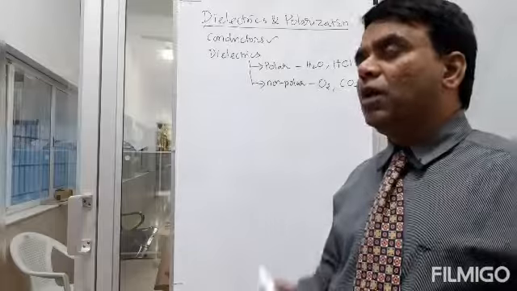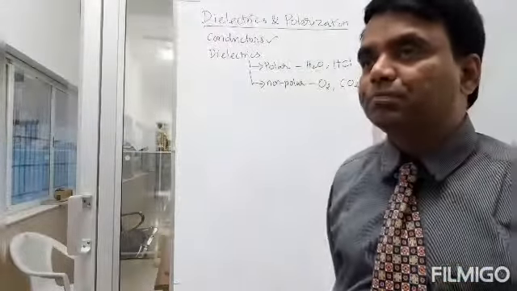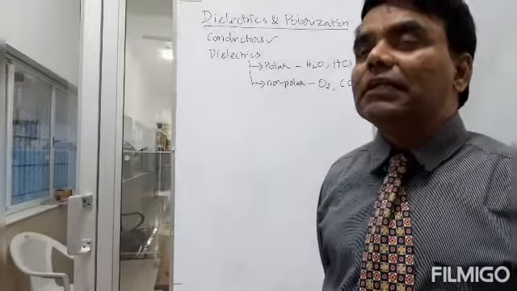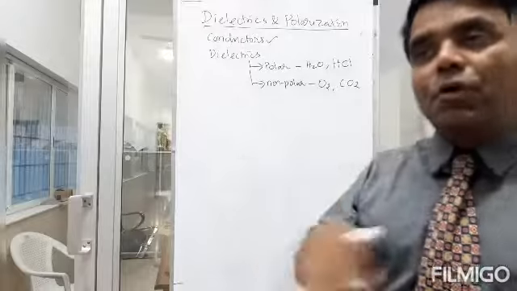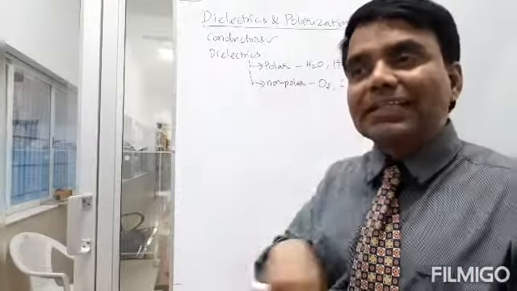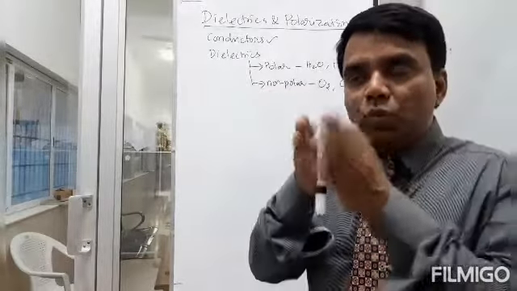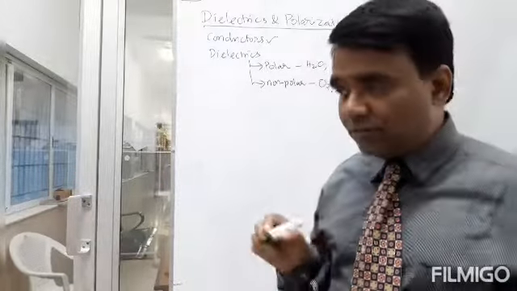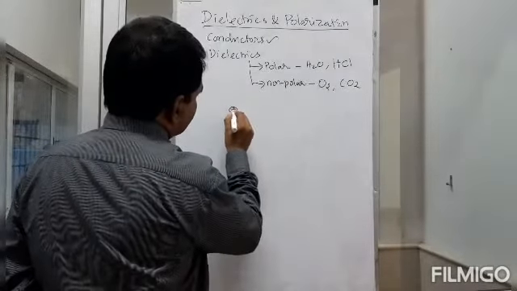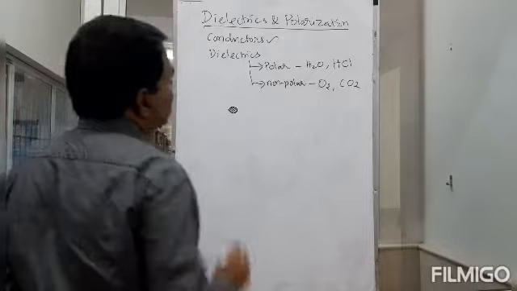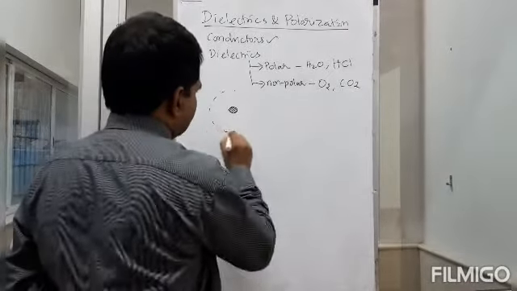How do you classify something as polar or non-polar? If you take a non-polar molecule, the net positive charge and the net negative charge of that molecule will be at the same point. For example, let me take an atom. You have the nucleus where you have positive charges, and then you have electrons going around.